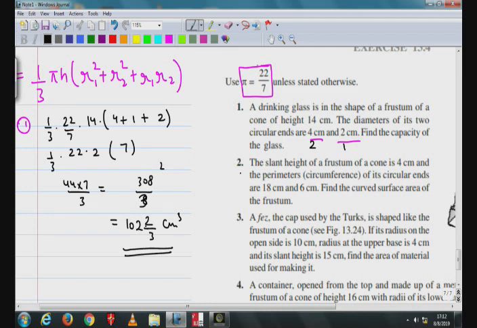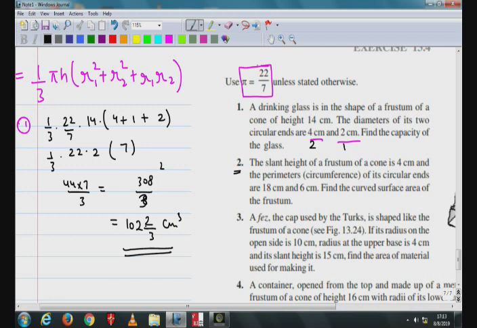Now do the second one. Second question says slant height of a frustum of a cone is 4 centimeter and perimeters of circular ends.